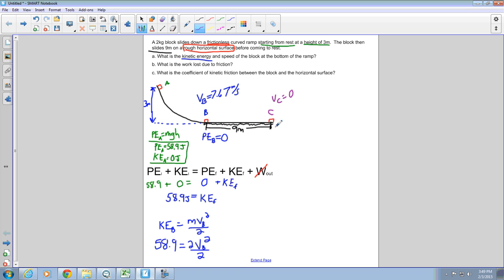So we've got a situation here where we have 0 potential energy at C, and we have 0 kinetic energy at C. So clearly we have a situation where there is work out. Okay, so we got to use this energy formula again, except we will account for work out because there's going to be work lost due to friction.